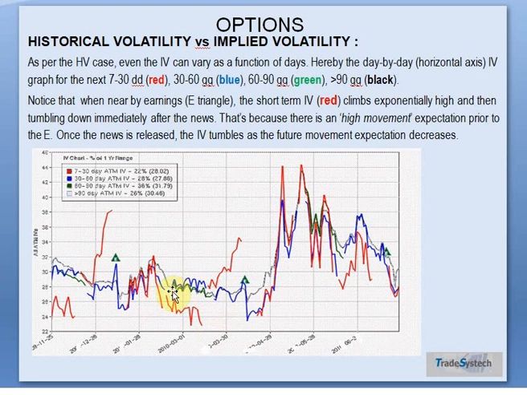This is very clear, for example, here where we have this earning. Prior to the earnings, the implied volatility suddenly climbs up, and after the news, it tumbles down, because after the news, the expectation of the market is an expectation of calm. You see it even here as well. And that's more evident for the short-term implied volatility, the red color.